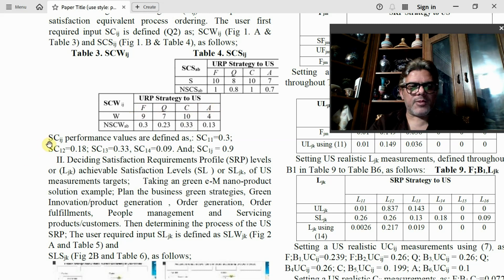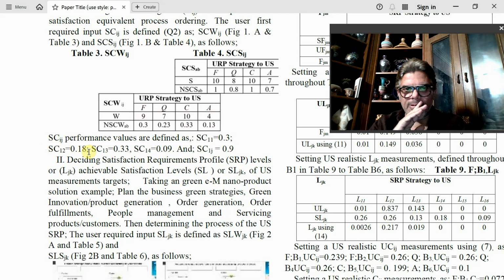Yeah, so satisfaction category performance values are defined as 0.3, 1.8. For the satisfaction category, it will be the sum and then division.